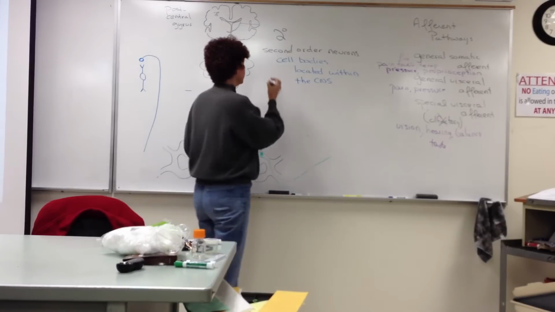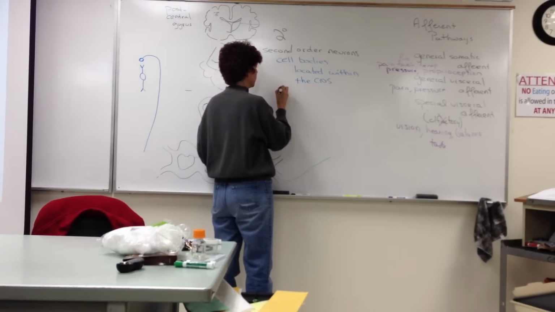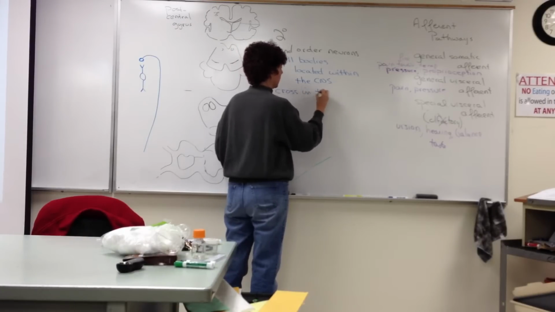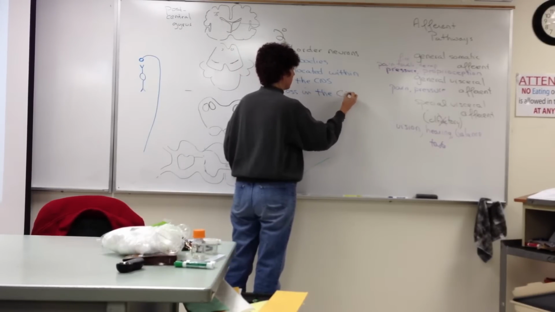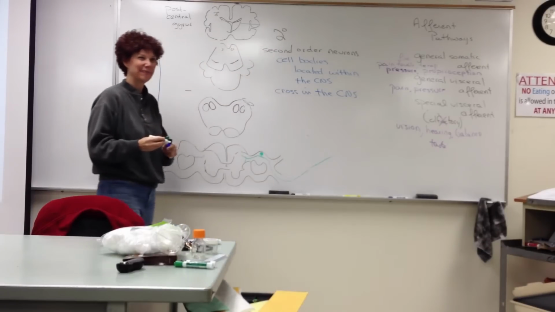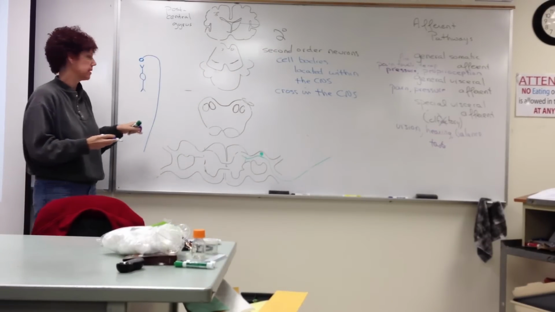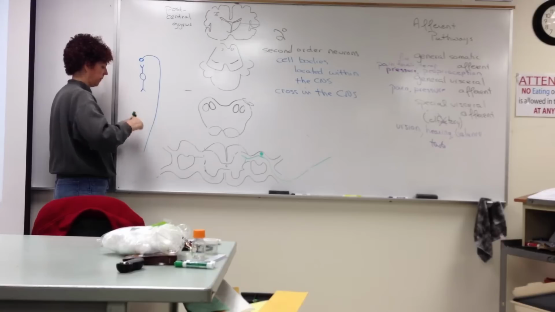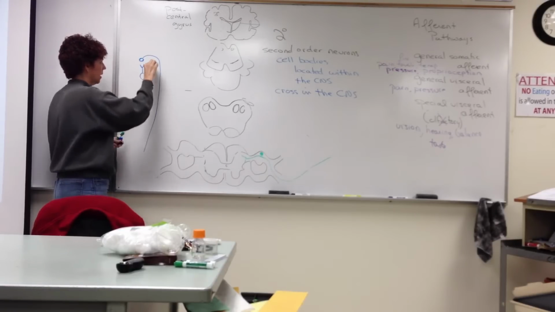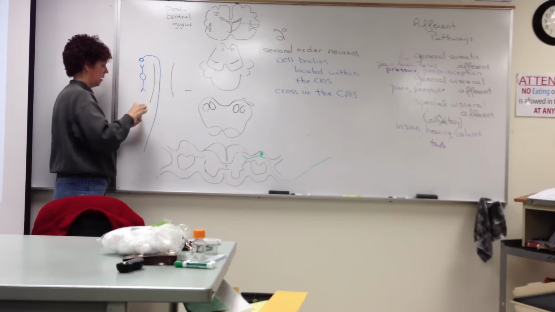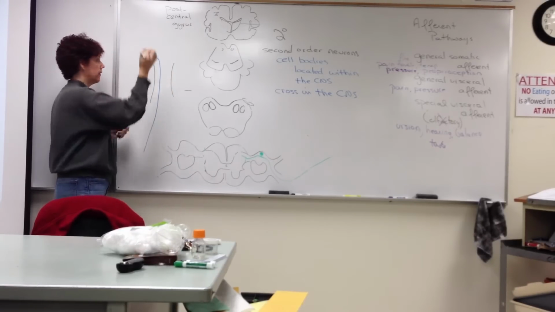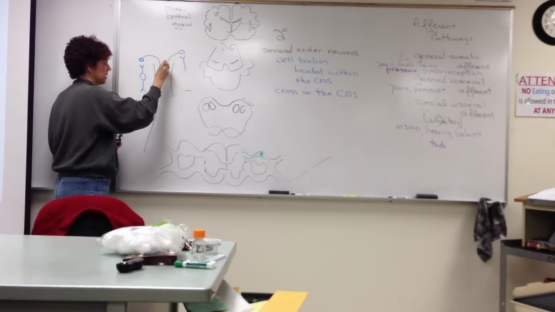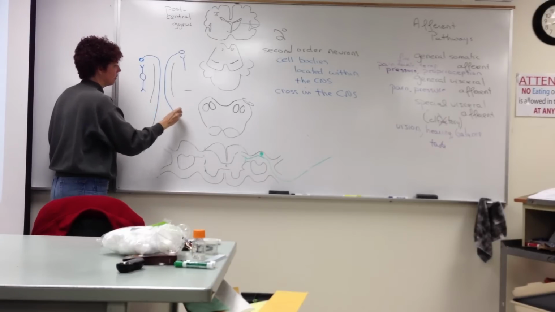The other rule is the second order neurons cross almost always. Obviously, they're in the central nervous system, so second order neurons cross almost always. And here's one of those exceptions. Because I remember I said that if this is the optic nerve, the more lateral fibers from the side of the eyeball here would not cross, but these neurons do.